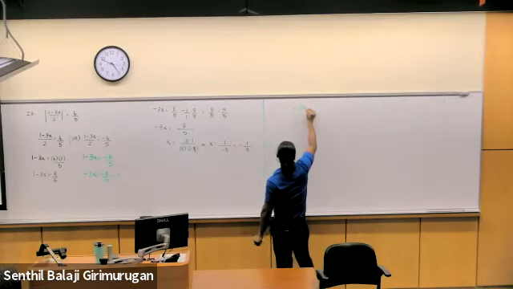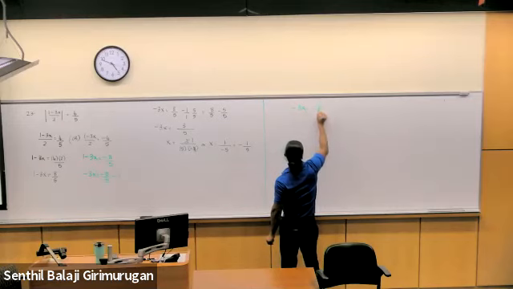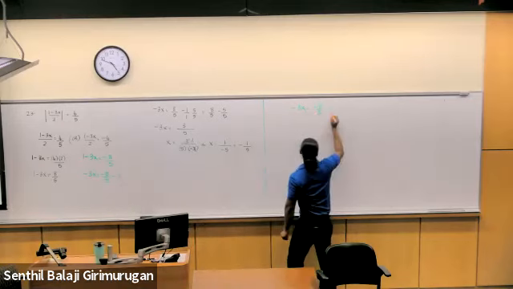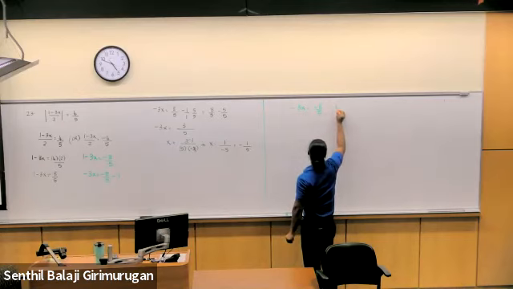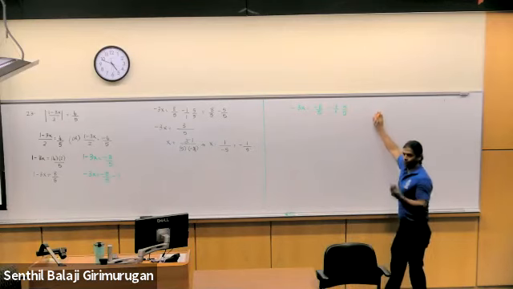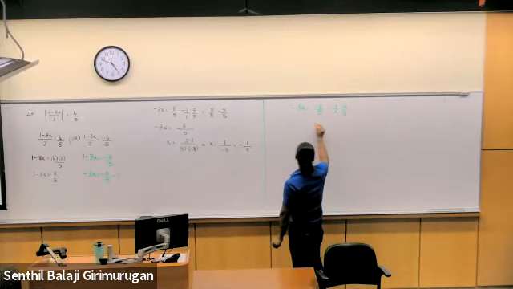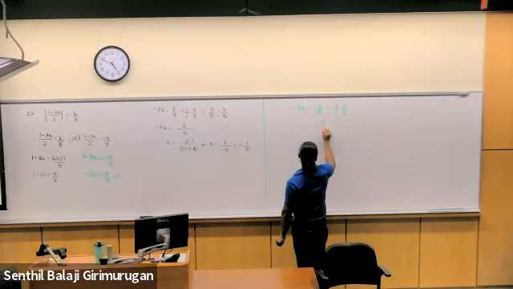We're going to multiply and divide that by 5. Minus 1 over 1 times 5 over 5. 1 times 5 is 5. So we will have minus 8 over 5 minus 5 over 5.